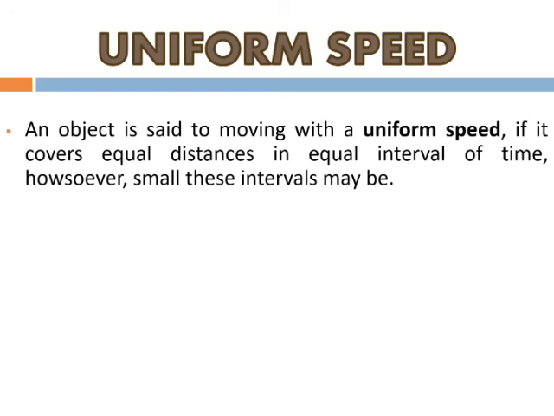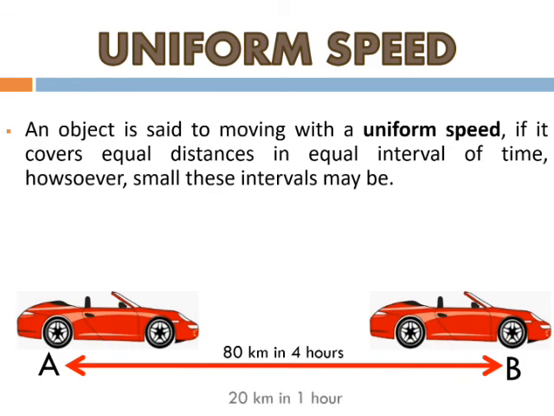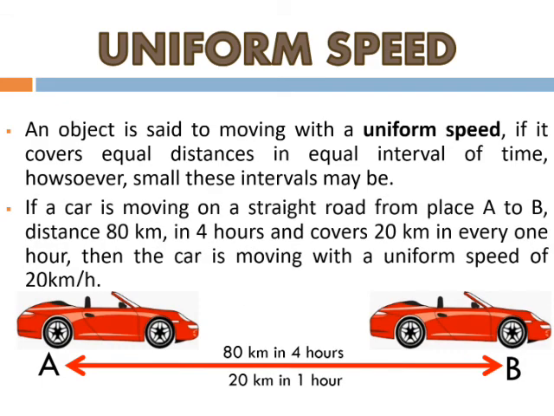Let's try to explain it to you with an example. If a car is moving on a straight road from place A to B, a distance of 80 km in 4 hours, and covers 20 km in every 1 hour, then the car is moving with a uniform speed of 20 km per hour.